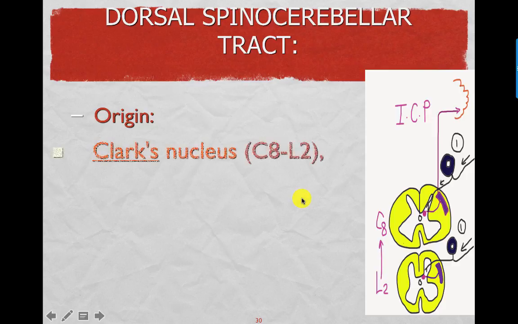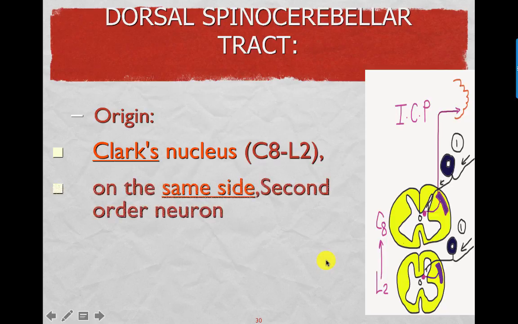The origin is from Clark's nucleus from C8 to L2, and in its course it ascends on the same side, so it is a direct tract. Remember, the dorsal spinocerebellar is a direct tract passing on the same side of the body.